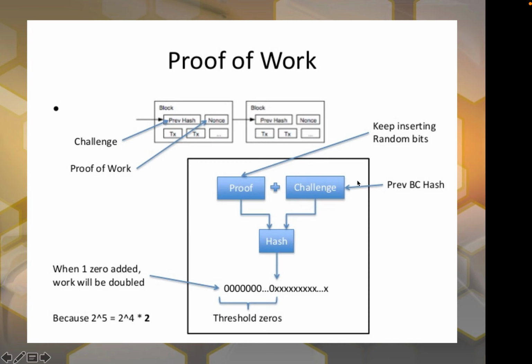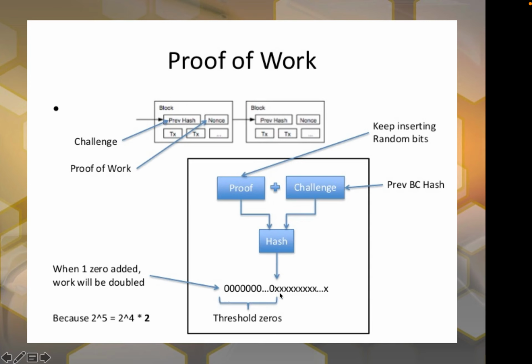And then the challenge is the information that contains the previous hash that wants to be verified, and we know that it's impossible to invert a hash. You cannot get any information from the output. The output will be in a specific format. There will be consecutive zeros.